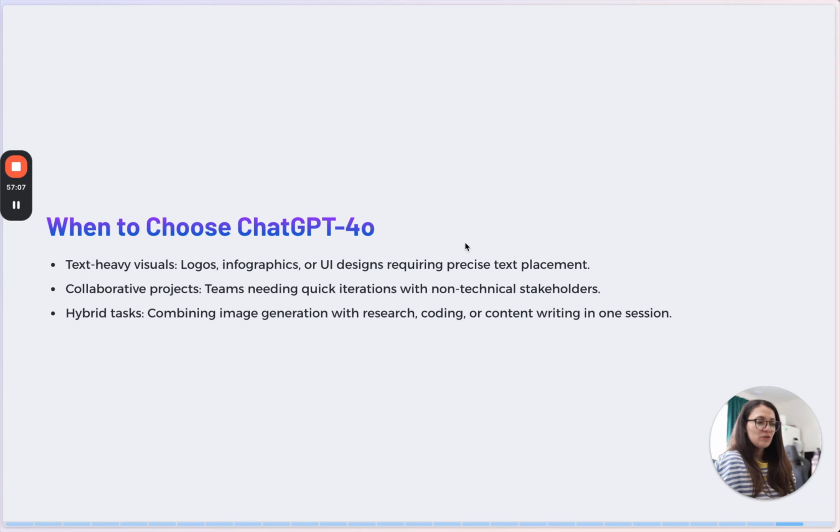And hybrid tasks. If you want to write content to generate some ideas for a website or an infographic or anything like that, and to create an image out of it, then this is perfect as well, because you can do both in the same chat.